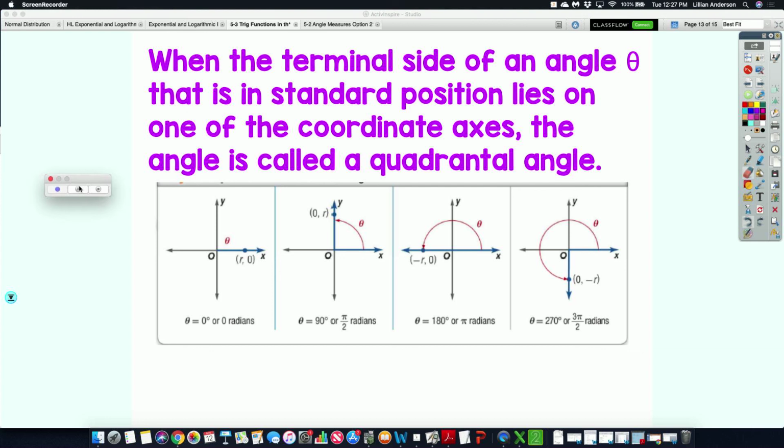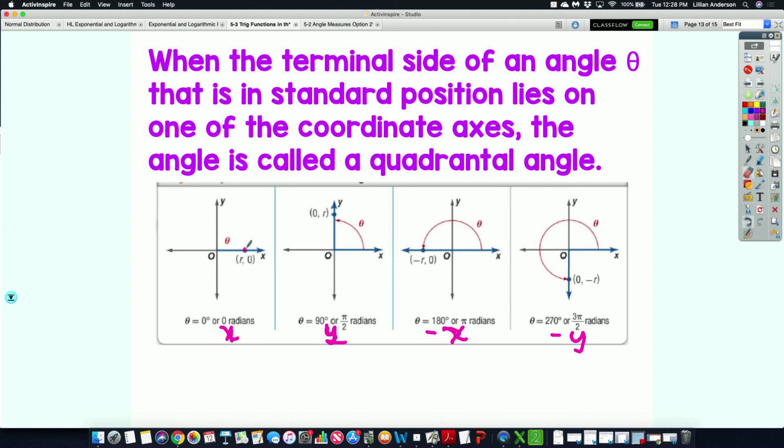One benefit about your quadrantal angles, like I said, is that it could be 0 or it could be undefined. It really just depends. And if you notice, in every one of these, your positive x-axis, your positive y-axis, your negative x-axis, or your negative y-axis, depending on where it is, you see how each point is either (r, 0) or (0, r), or the negative versions?